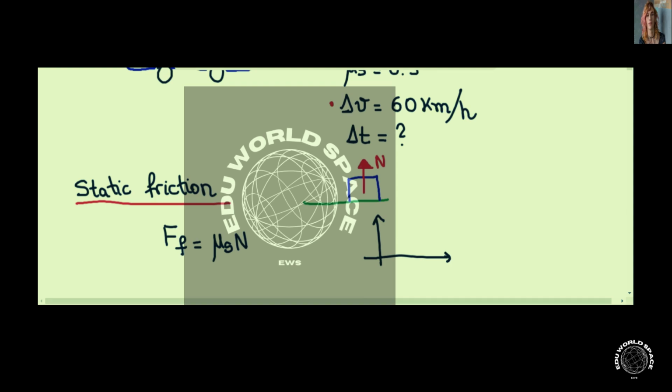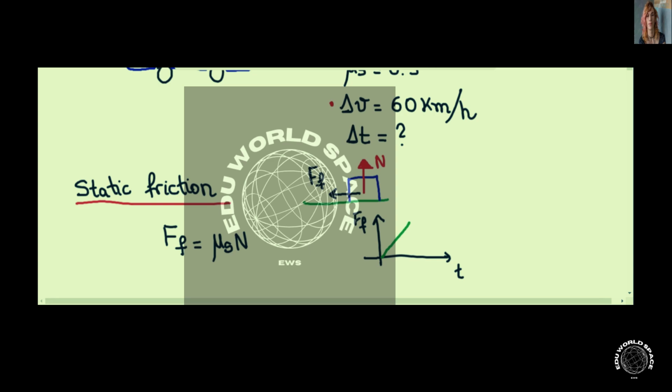And what happens is that, consider that this here is the friction force, and as the truck starts to accelerate, the friction force starts increasing with time. That's the force that makes the crate accelerate as well.